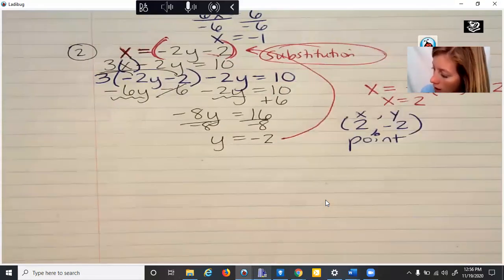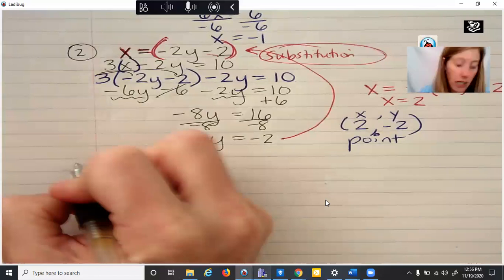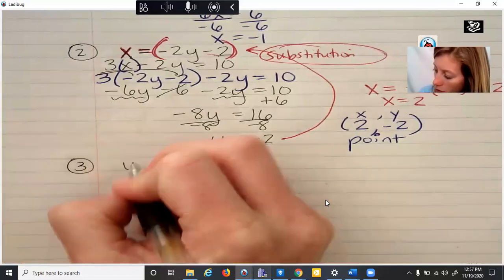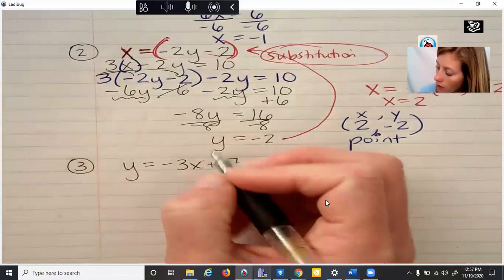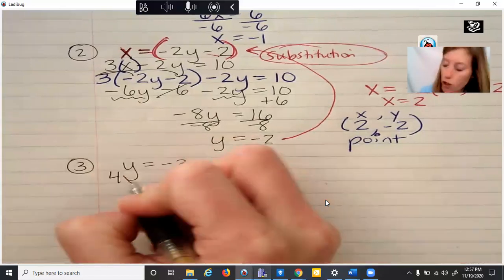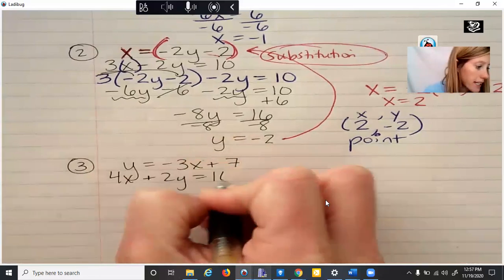Okay. All right, number 3, y equals negative 3x plus 7, and 4x plus 2y equals 16.